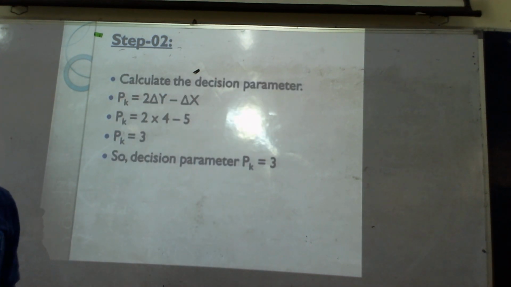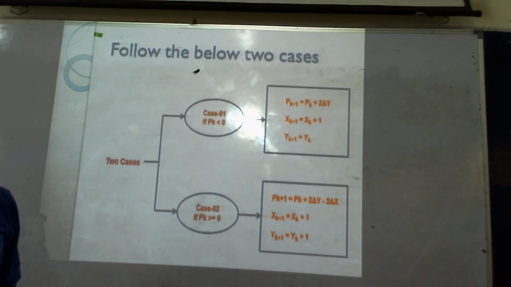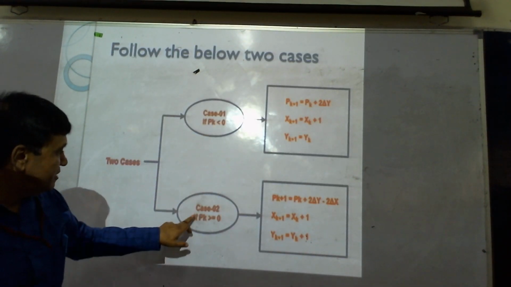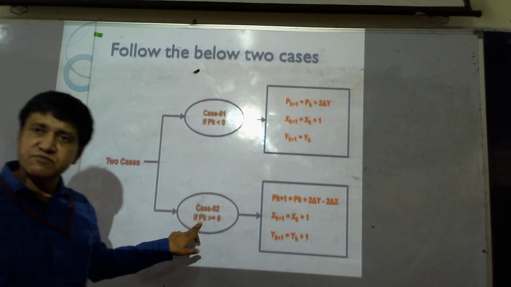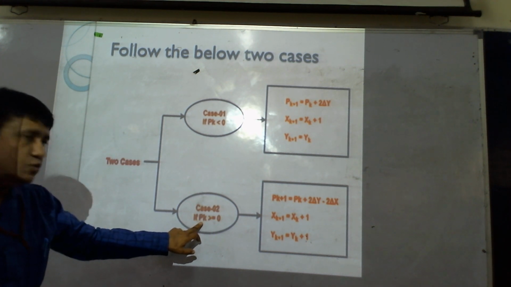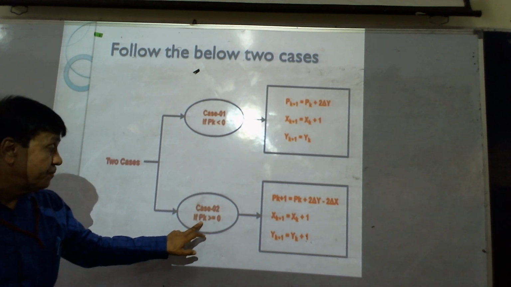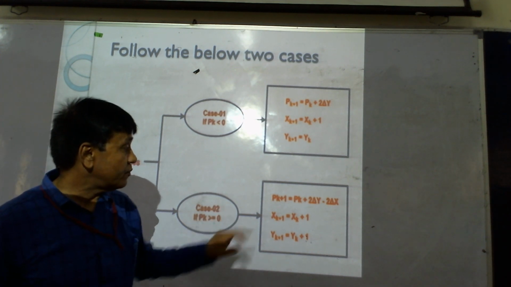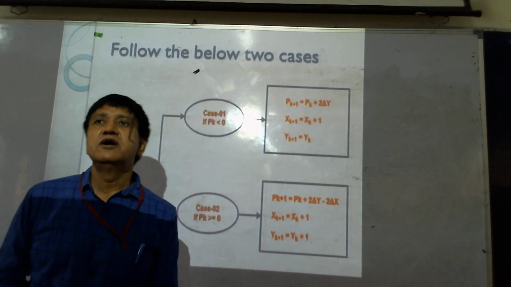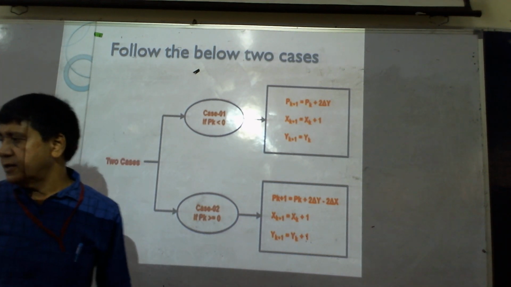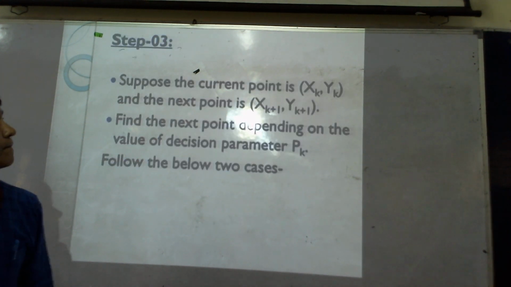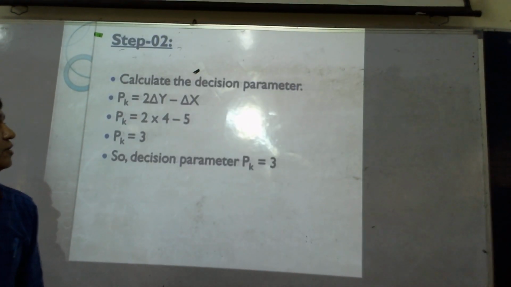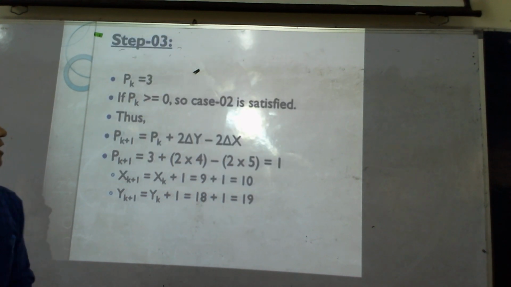As I have shown, in case 2, if pk is greater than 0, and here pk is 3, which is greater than 0, these steps will be used to calculate the next pixel coordinates. So case 2 is satisfied.